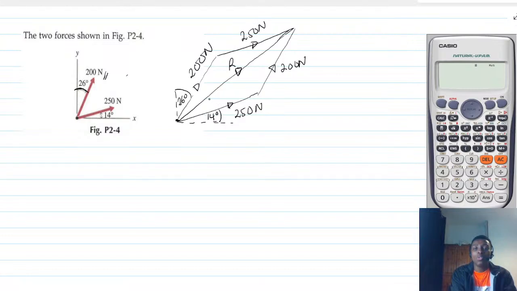Now this one is 26, and this one is 14, right? So what will be the angle here?